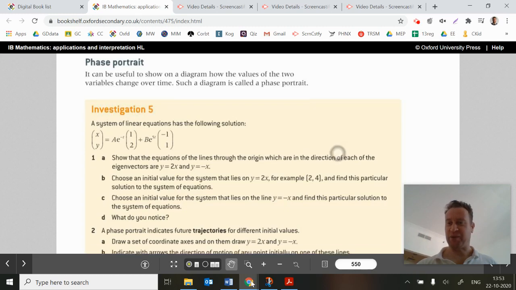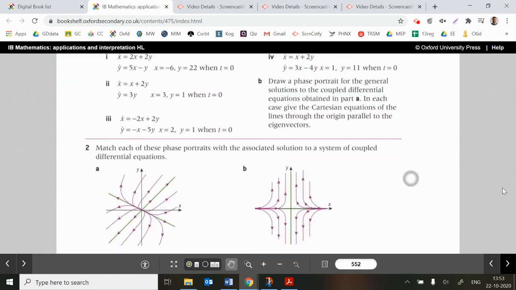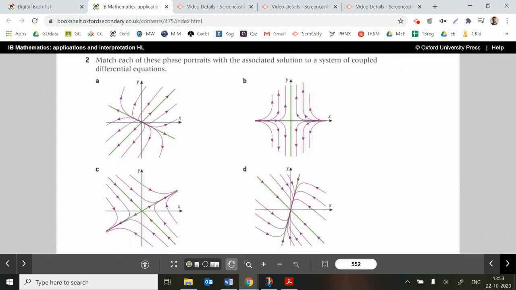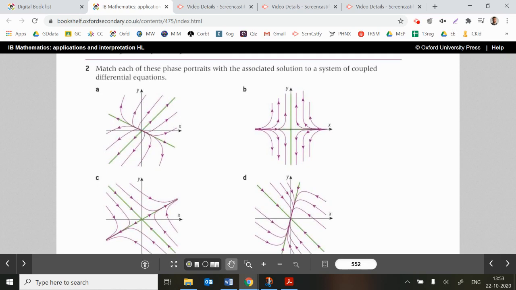Okay, so let's show you one of these things. So here's some examples. If you put in a particular coordinate point, say for example 0, 0, well it may stay at 0, 0, but if you go any slightly to the side of that, you will follow these lines here over time.